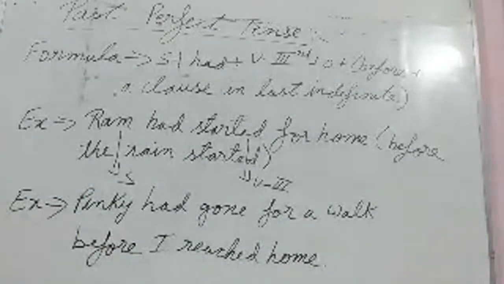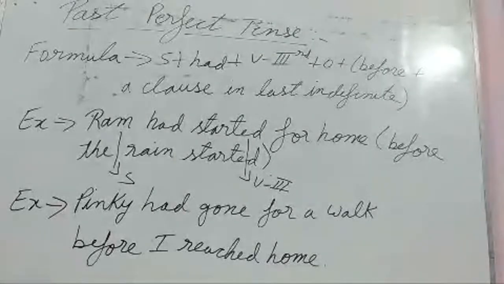Now let's see how to make a negative sentence in past perfect tense. Let's see the formula for it.